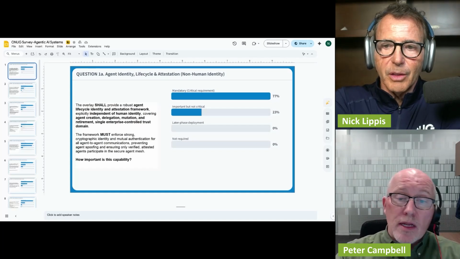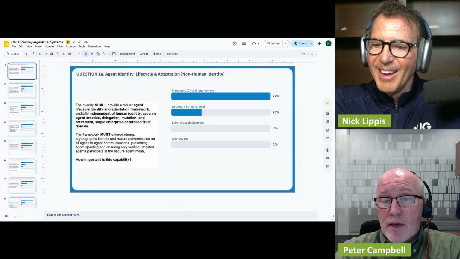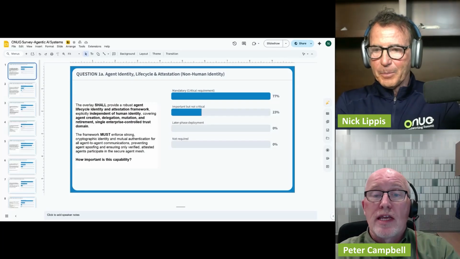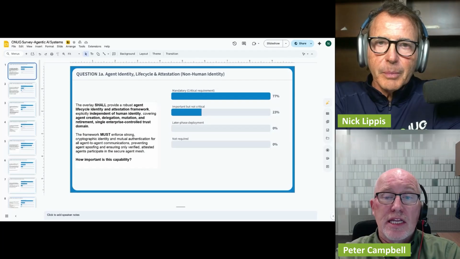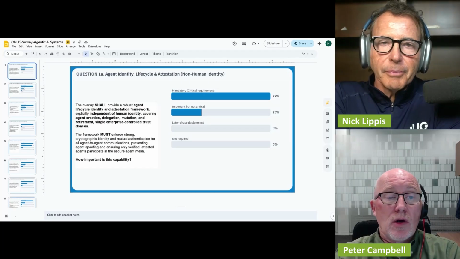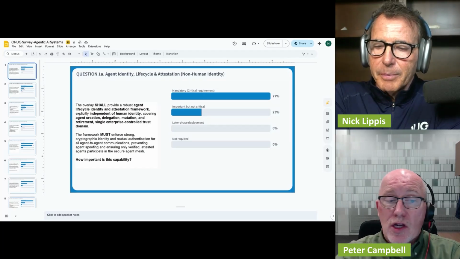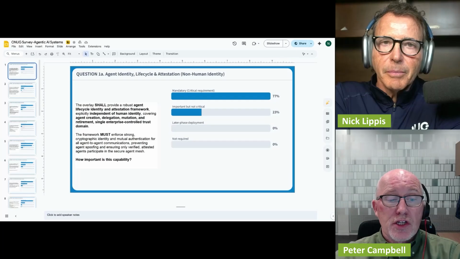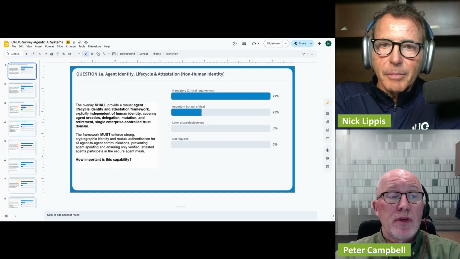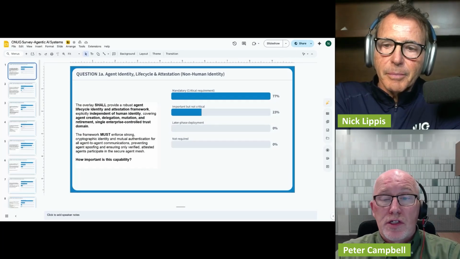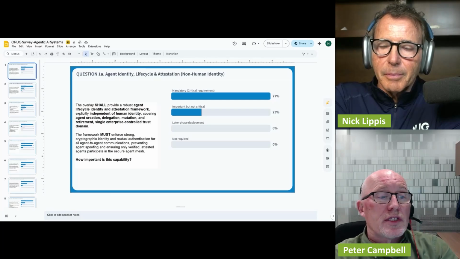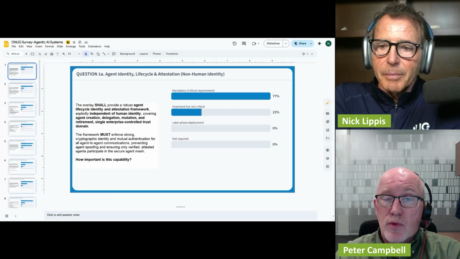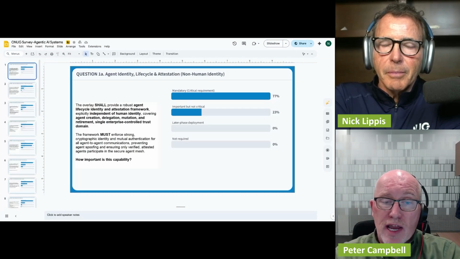Yeah, it looks like it's really important. This is super important, right, as far as managing agent identities. Look at the agency: what is it that the agent can do? Is it a multi-agent system, which is really going to increase risk, or is this a standalone agent where there's human interaction involved?